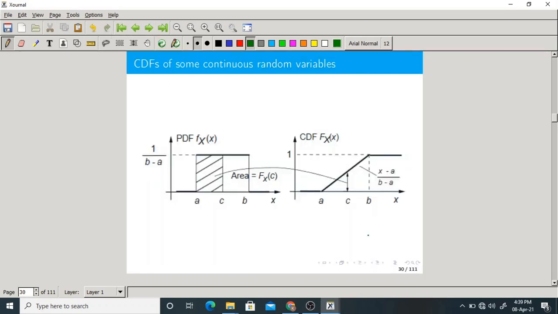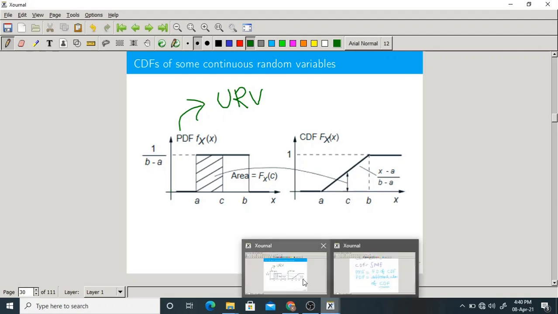Okay, so now these are the typical PDF and CDF graphs of a continuous random variable. Now, what is this? This is the PDF of what random variable? Uniform random variable. Why? Because it is from A to B, and the height of this rectangle is 1 by B minus A. Okay.